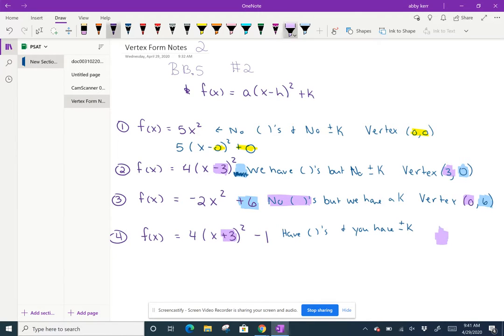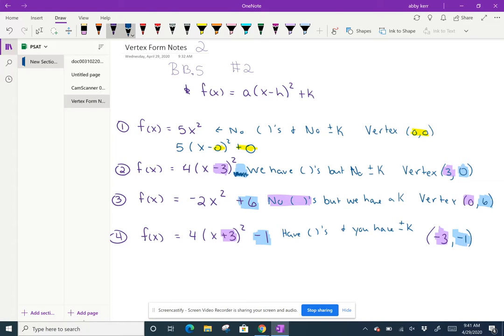So you just need to get in the habit whenever you see a number inside the parentheses like that, it's actually the opposite. It's negative 3. And then we have a minus on the outside of the parenthesis. Since we have a minus number, what you see is what you get.